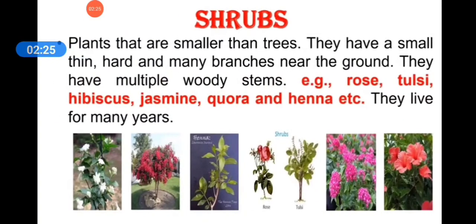Shrubs: plants that are smaller than trees and have small, thin, hard stems with many branches near the ground are called shrubs. They have multiple woody stems. Examples: rose, hibiscus, jasmine, henna, etc. They live for many years.